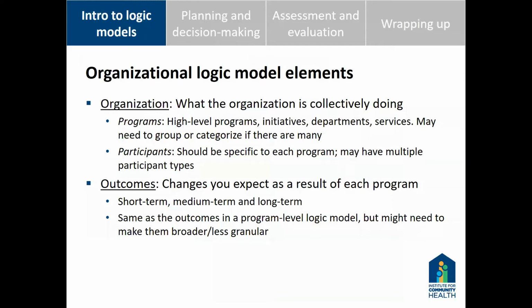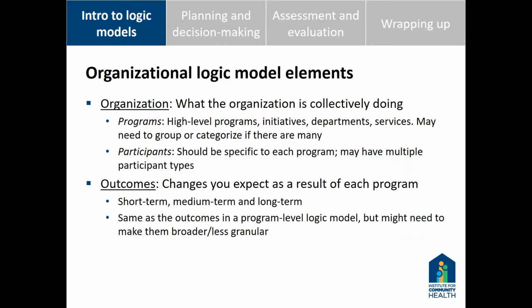All right, so the organizational logic model has 2 big elements like I just talked about, so I won't go into it too much in detail. So the organization, what you're collectively doing, and the outcomes, the changes you expect to see. The only thing I want to note is that for programs, you may want to collapse different kinds of programs and departments and initiatives depending on the scale of your agency.